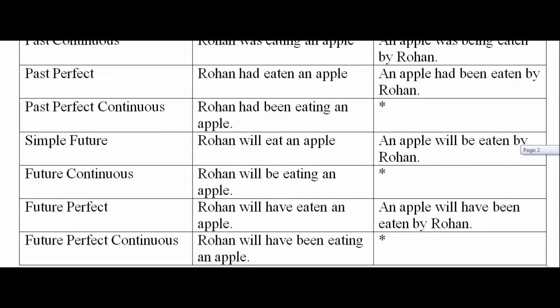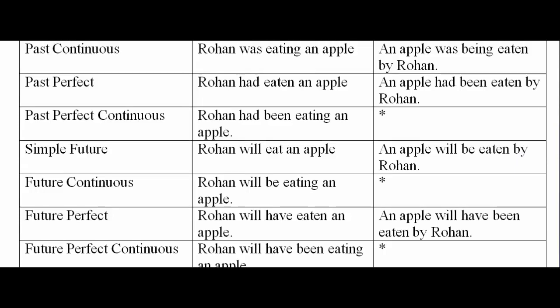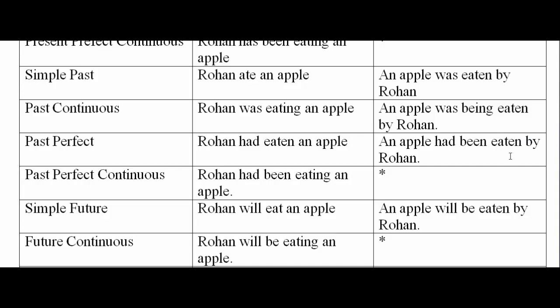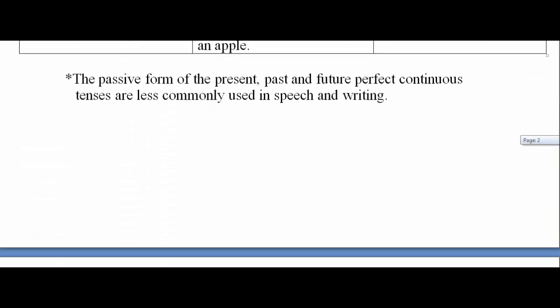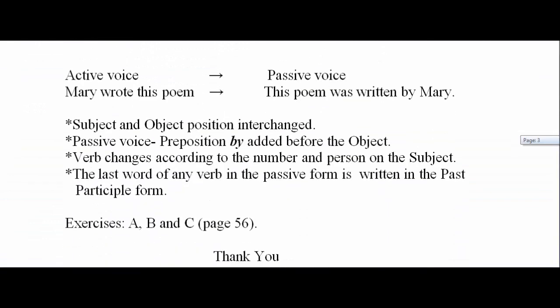Please go through all the sentences, how the verb changes in different tense scenarios: present, past, and future. It is given in your textbook also. I have just reproduced this here for your convenience, and to explain to you the next slide.